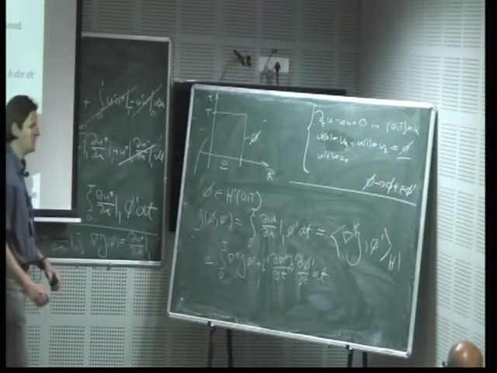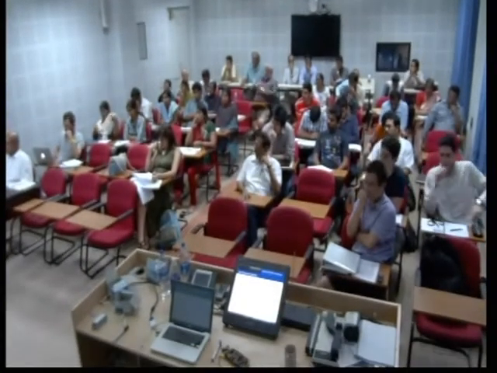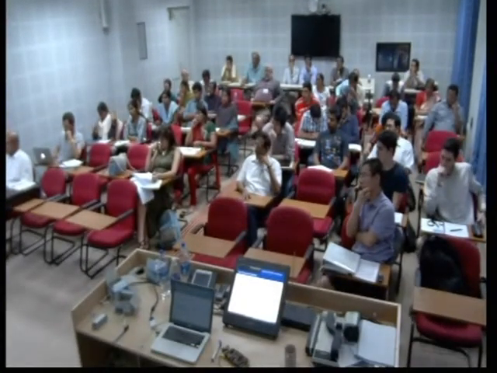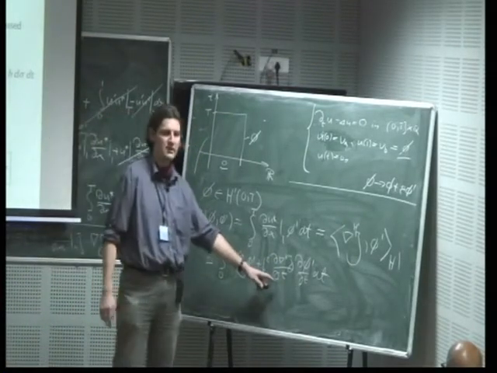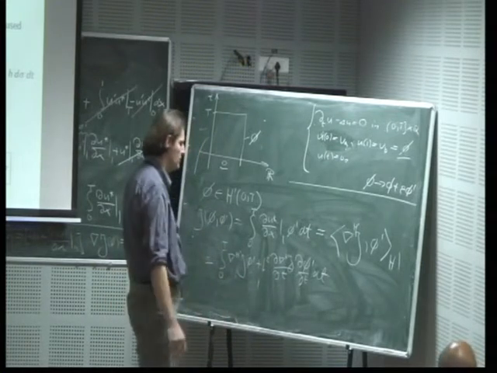Okay? So by identifying the Gateaux differential with an H1 inner product, I'm equating this with this. And what I have to do now is integrate by parts and impose some boundary conditions.